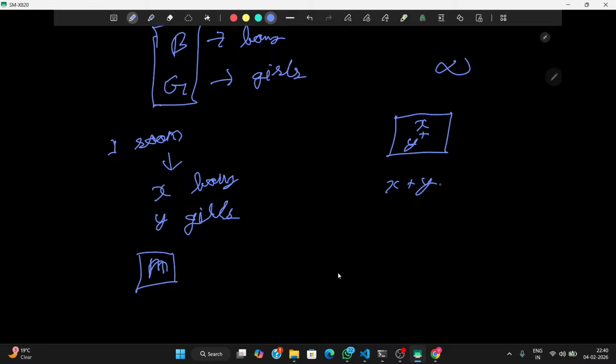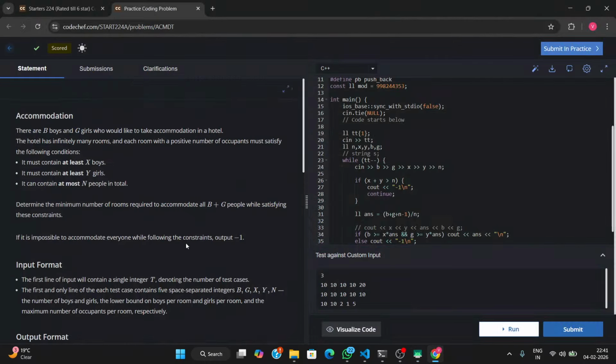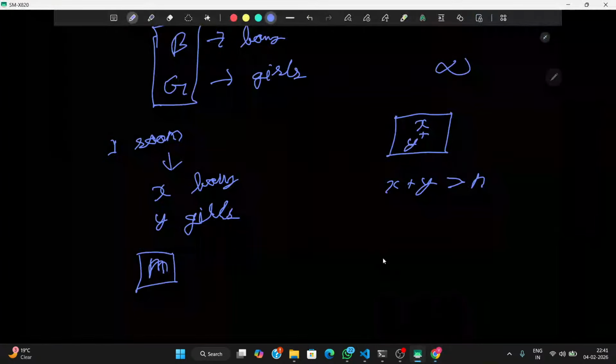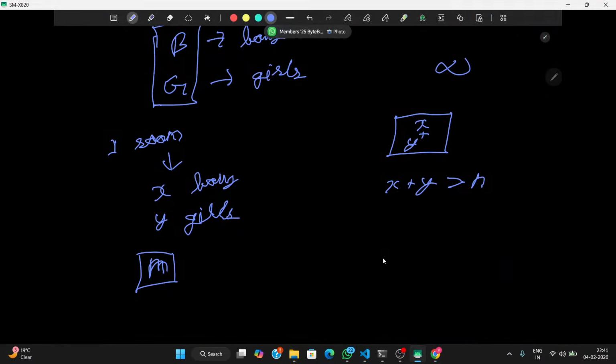So, first of all, if this X plus Y is greater than N, then we simply cannot accommodate all of these people in the given rooms, because there should be X boys and Y girls in the room.